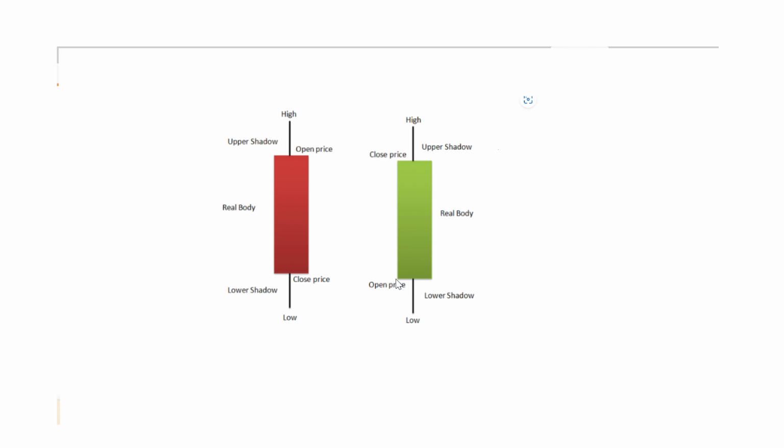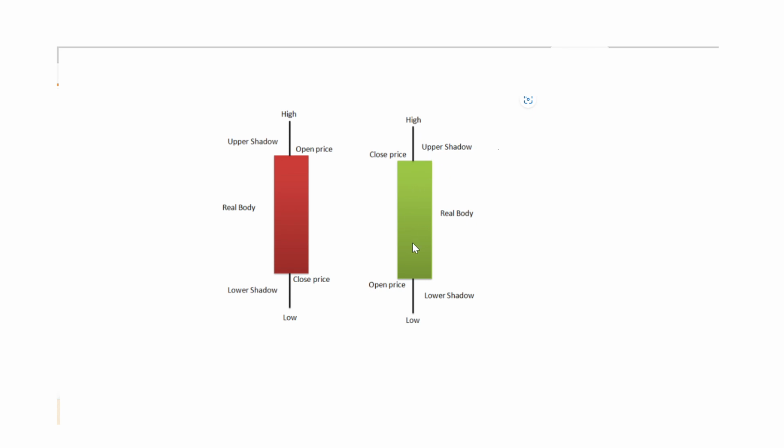Suppose the share price opens at this price and the price is going to increase, right? So suppose this is the day candle, the share opens at this price, and in between it attains this low, and then it reaches the maximum value, its high, and it closes at this price, right?